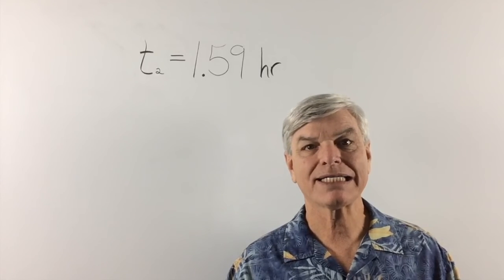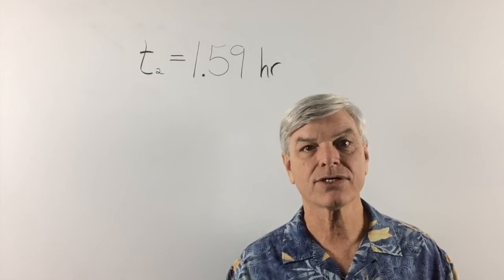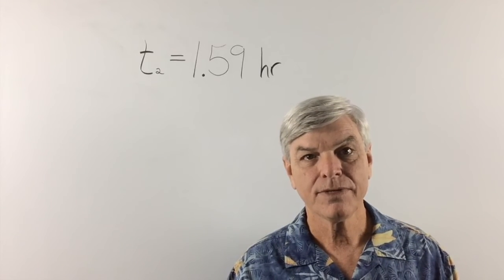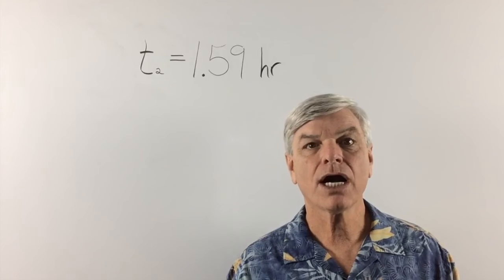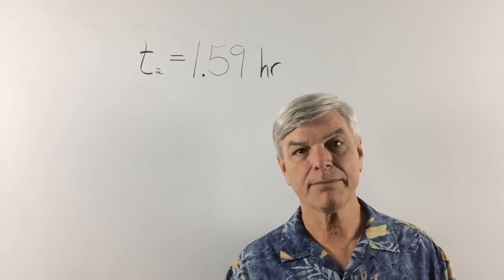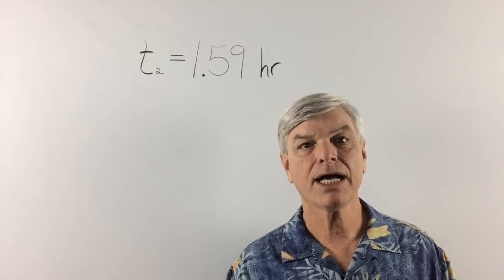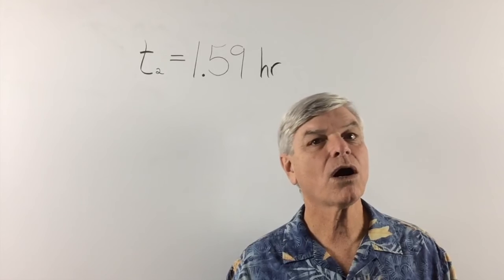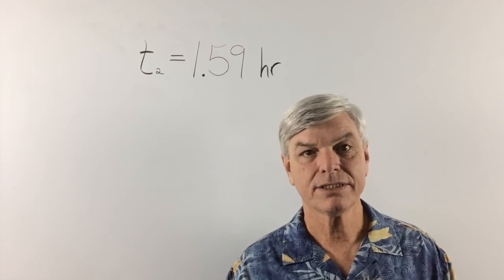Now, when we're talking about time, we know that the answer, at least in this case, is always going to be hours. And if we're talking about his speed, it's always going to be miles per hour. It's not going to be kilometers per hour. And if we're talking about his distance, we're always going to be talking about miles.